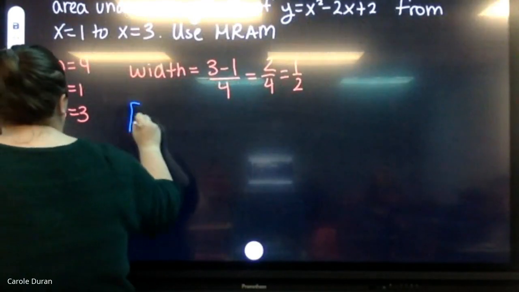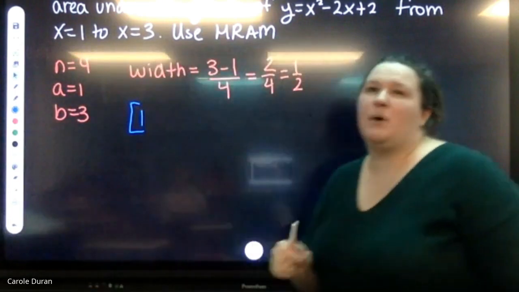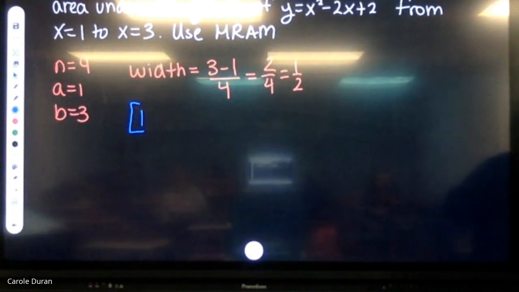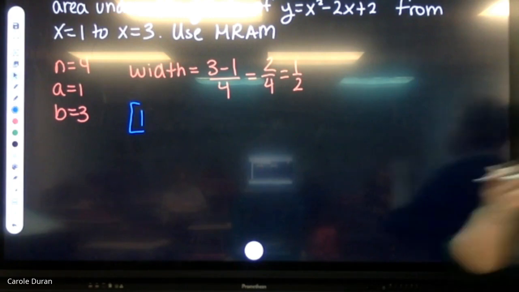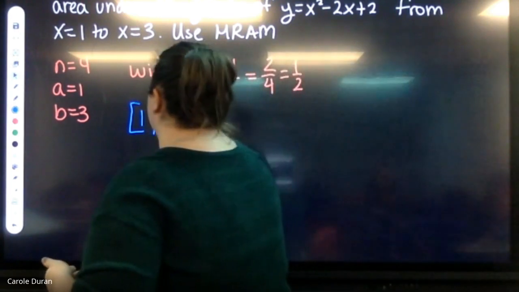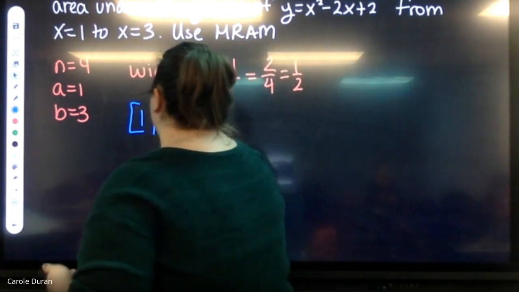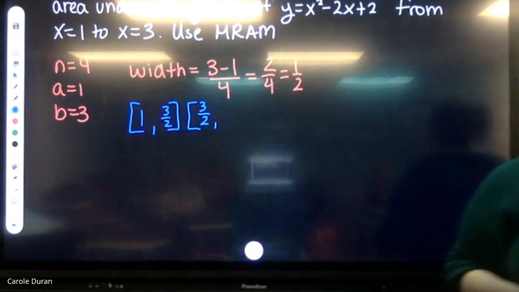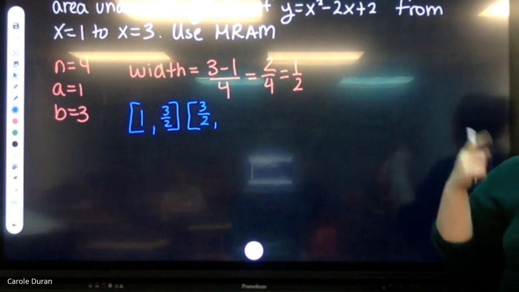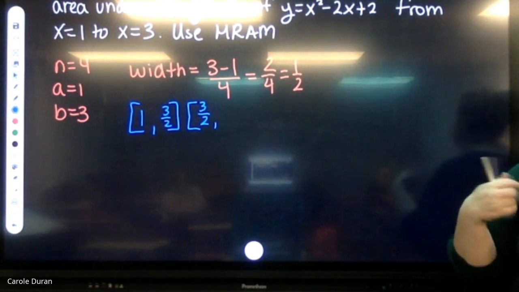So I know my first interval starts at 1 because that's the leftmost point on my entire interval. If the width is 1/2, what's the right endpoint of the sub-interval? 3/2. I just add 1/2 to that left endpoint, which is 1. So 1 plus 1/2 is 3/2. Then my second interval starts at 3/2. I add 1/2 to that, I get 4/2, which is 2.